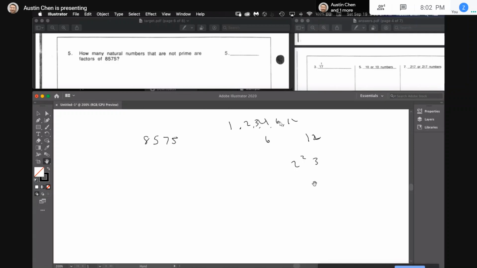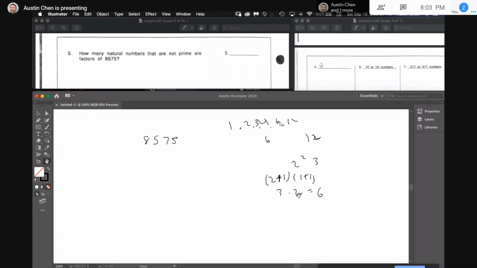All right. Okay, so it seems like the total number of factors for n is going to be the exponent of each prime plus 1, and you multiply those together. So in this case, it would be 2 plus 1. This is the power of 2, and you add 1 to it, and then the power of 3, which is 1, and you add 1 to it as well, and you multiply those, then it's 3 times 2, 6.